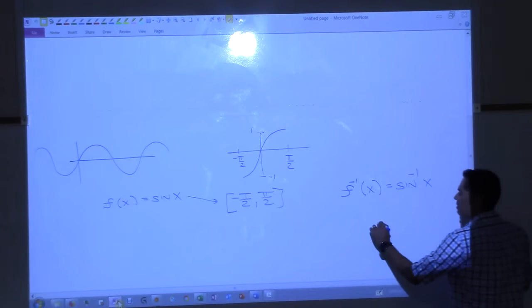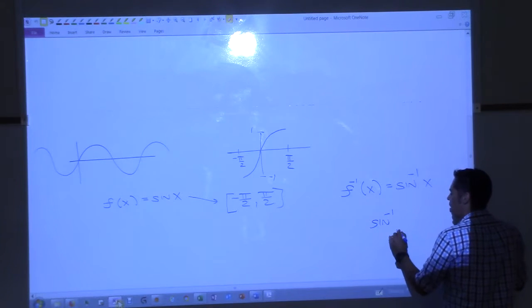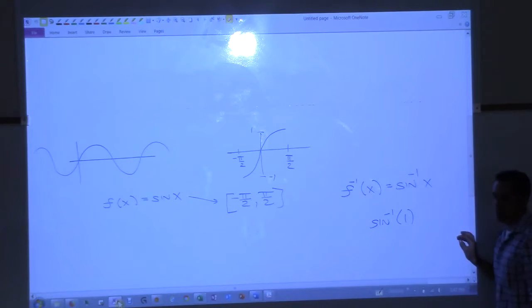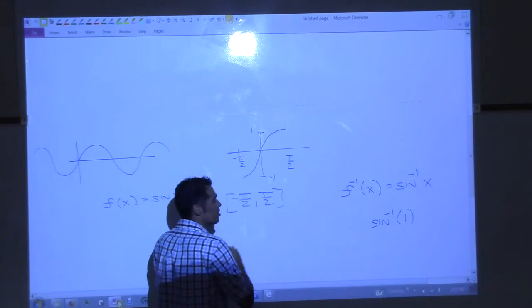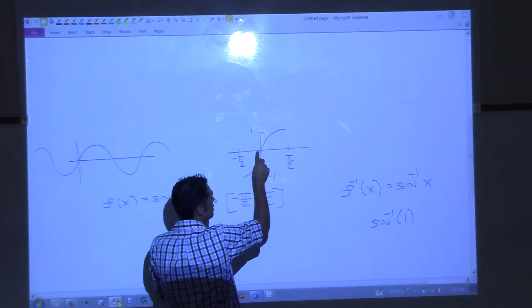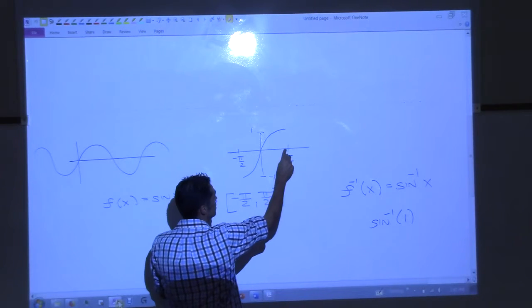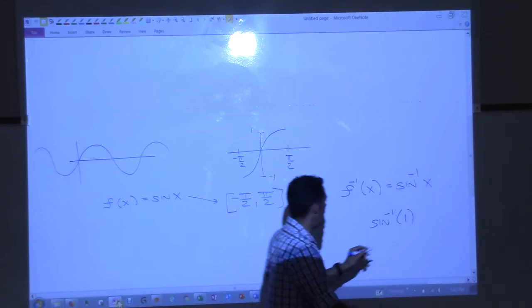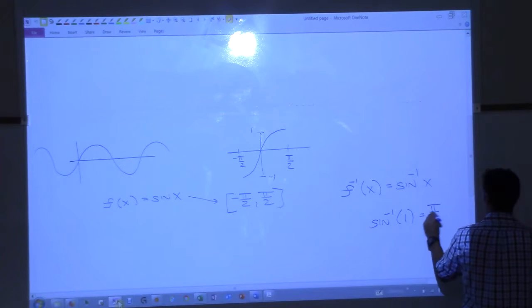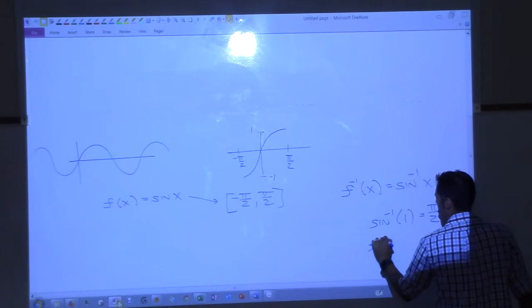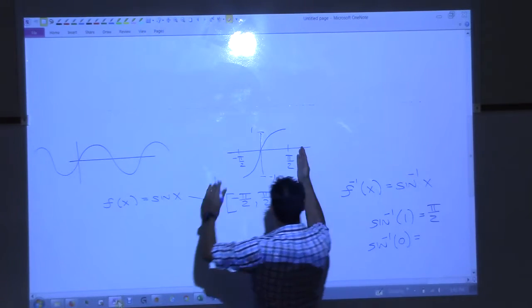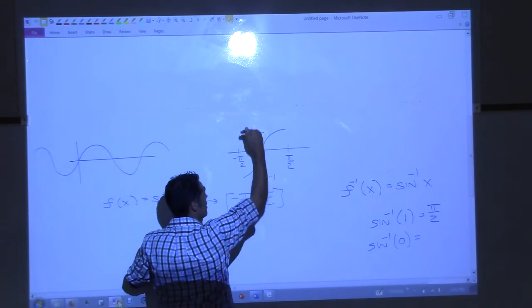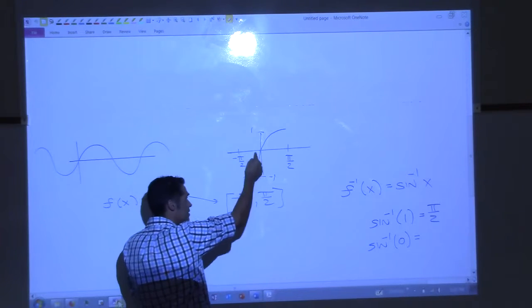So if you ask what's sine inverse of 1, in this picture, where is your y value 1? Pi over 2. So the answer is pi over 2. And what's arc sine or inverse sine of 0? Here in this picture, where is your y value 0? At 0.